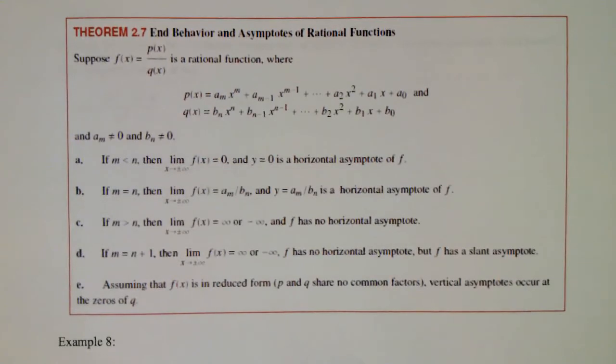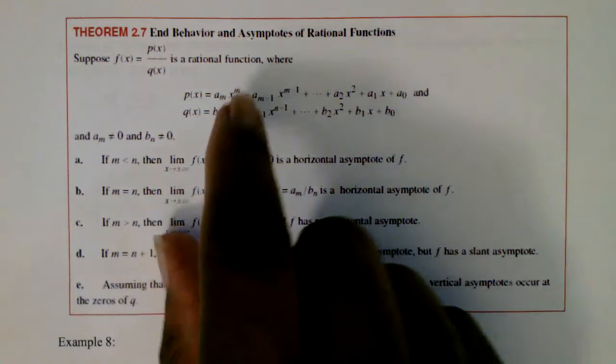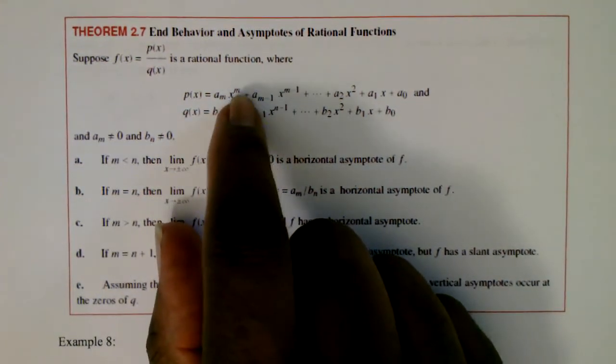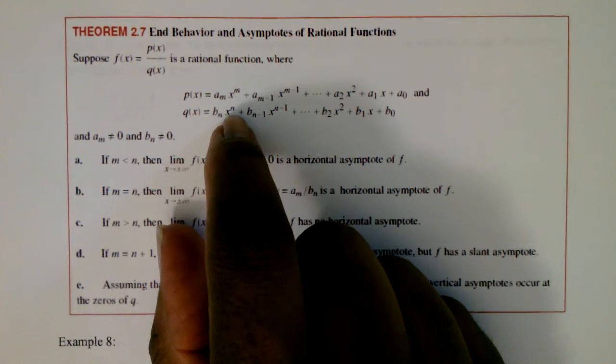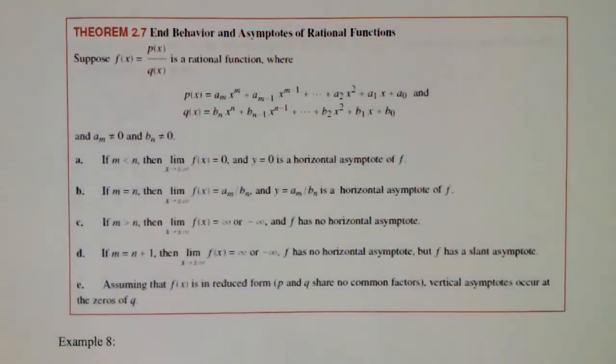Here, the restriction is that a sub m and b sub n do not equal 0. When we determine asymptotes, we always look at the highest exponent in the numerator and compare that to the highest exponent in the denominator. These are the conditions here.